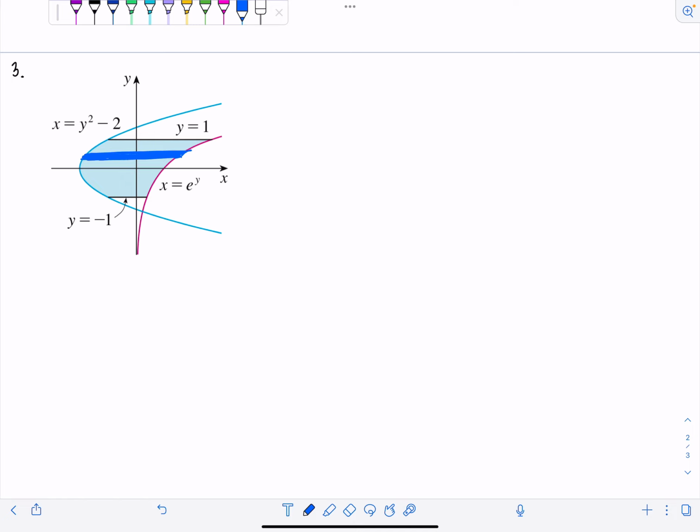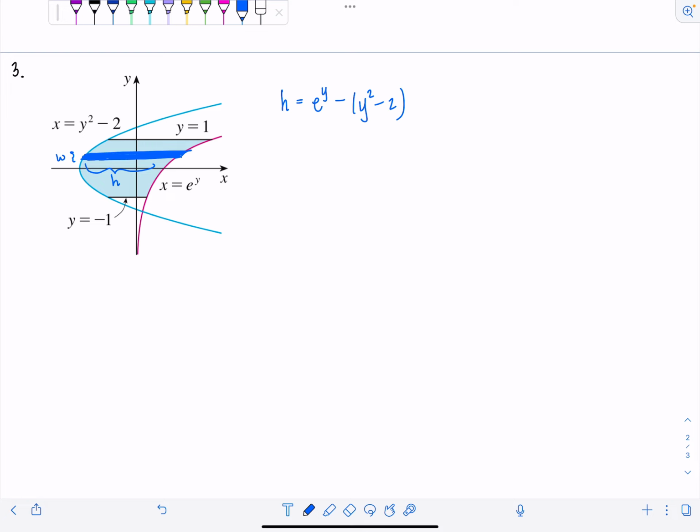So here's my rectangle. This is going to be the height. That's going to be the width. So the height is always right minus left, bigger minus smaller, right? Things get larger in this direction in terms of x. So what's bounding the curve on the right? E to the y, minus on the left, it's y squared minus 2.